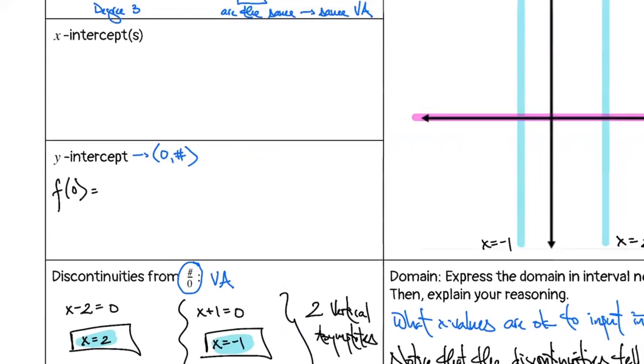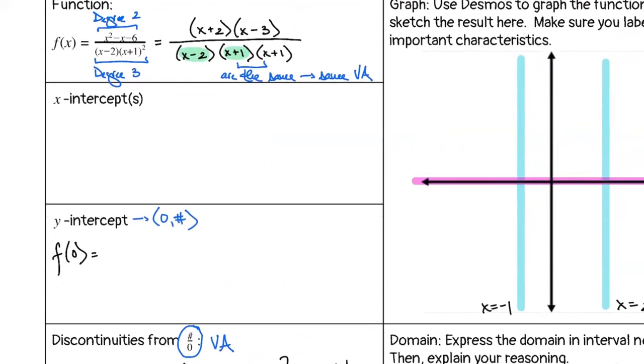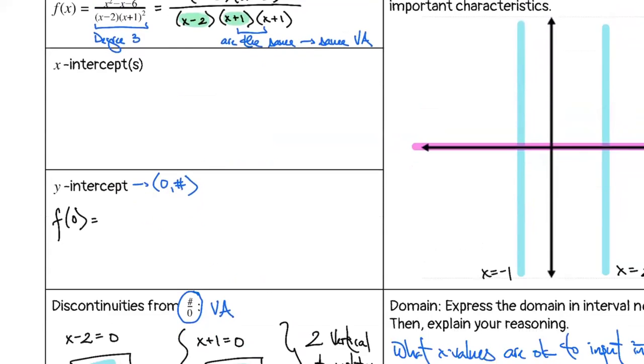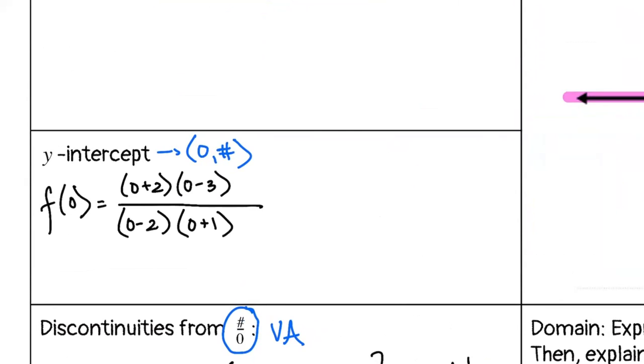So I'm going to go ahead and plug it into this version up here. Everywhere I see an x, I'm going to plug in a 0, but you could also choose this version as well. Either one would be fine. So I've got 0 plus 2, 0 minus 3 over 0 minus 2 and 0 plus 1 squared.